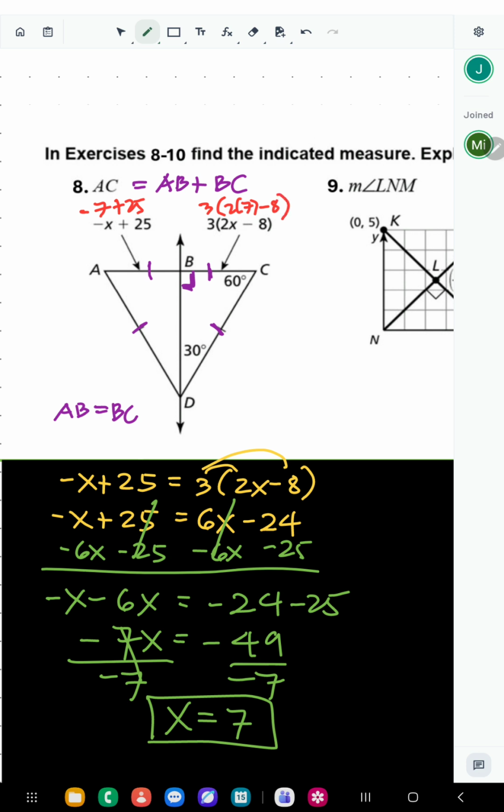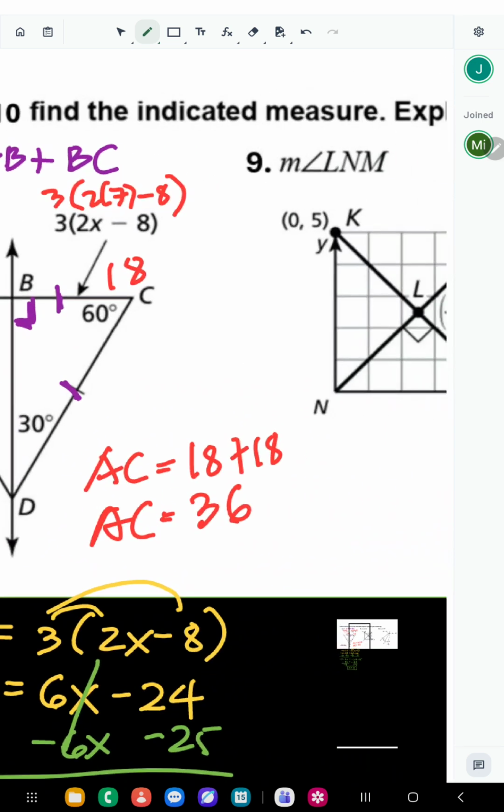So 14 minus 8 is 6. 6 times 3 is 18. And this is also 18. Therefore, AC is just equal to 18 plus 18. So AC is equal to 36. Right? Did you get that?